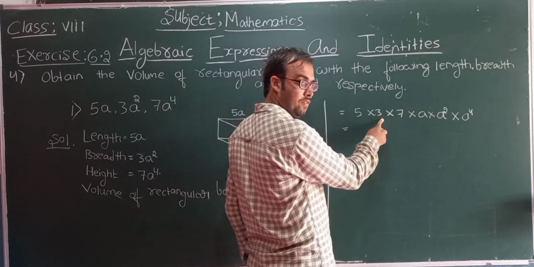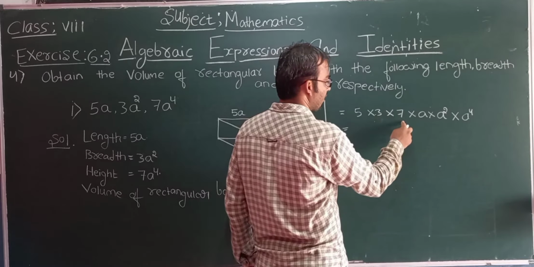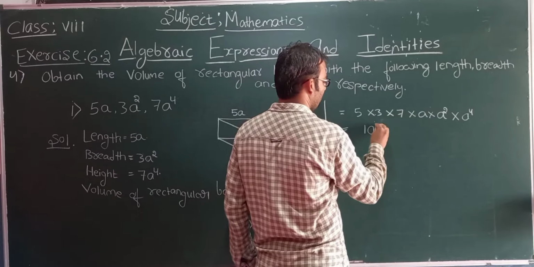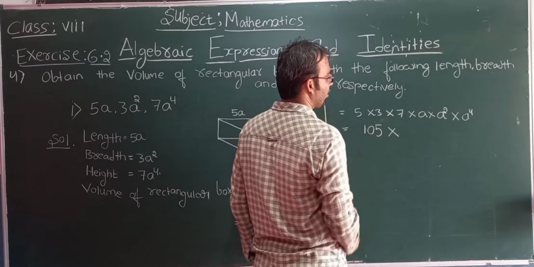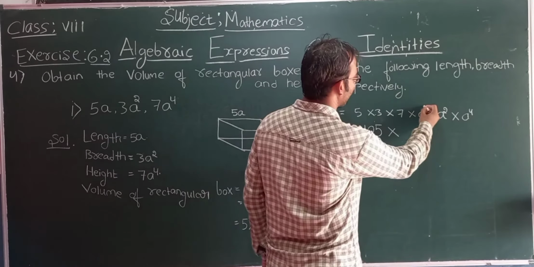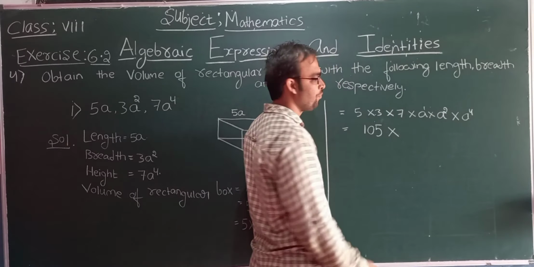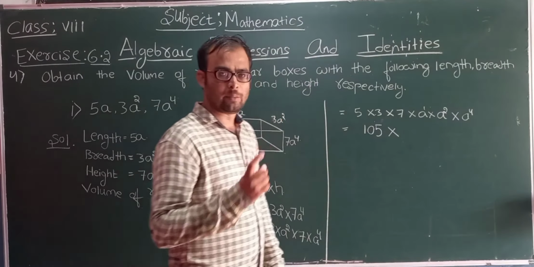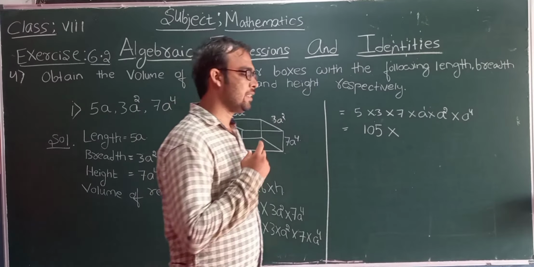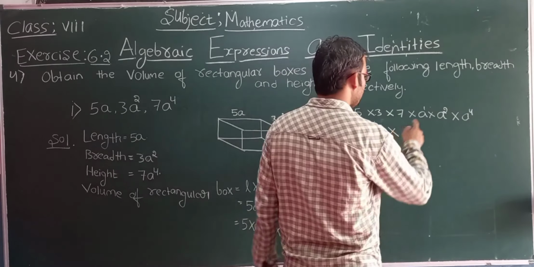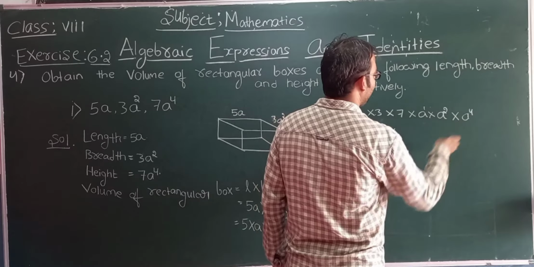Okay, now look at here. 5 3s are 15, 15 7s are 105. Into, next here nothing is there means 1 will be there, exponential power. Okay, as I told you, when we are multiplying a same variable, then their exponential power will be added, that is a into a square into a to the power 4.